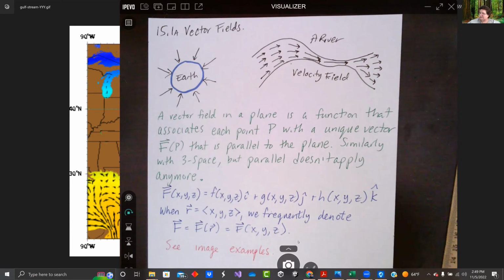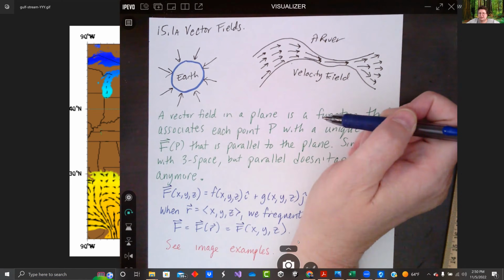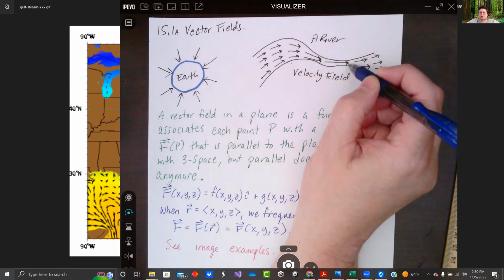So what a vector field does is at each point P, it provides a vector related to information there. So if we talked about the velocity of the water at a certain point in the river, we could use vector fields for it. Generally, they provide an arrow to indicate direction and a length to indicate magnitude. So longer arrows mean stronger flow.